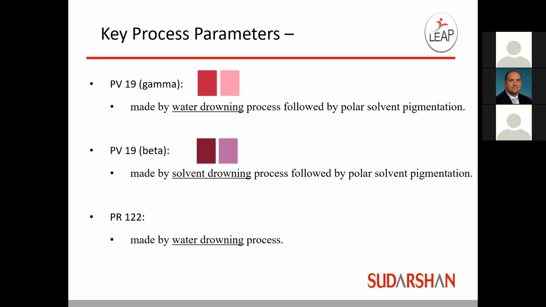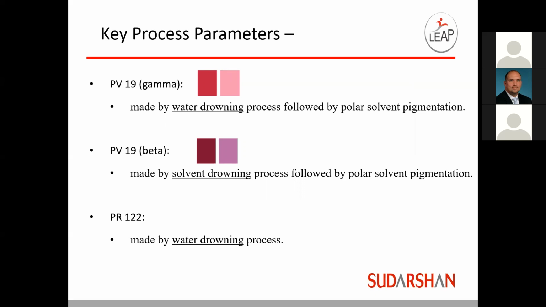So to create the gamma crystal, water is used in that drowning process, followed by the polar solvent used for the pigmentation. Conversely, if you're trying to develop the beta crystal, then a solvent is used in that drowning process, and then followed by the polar solvent pigmentation.